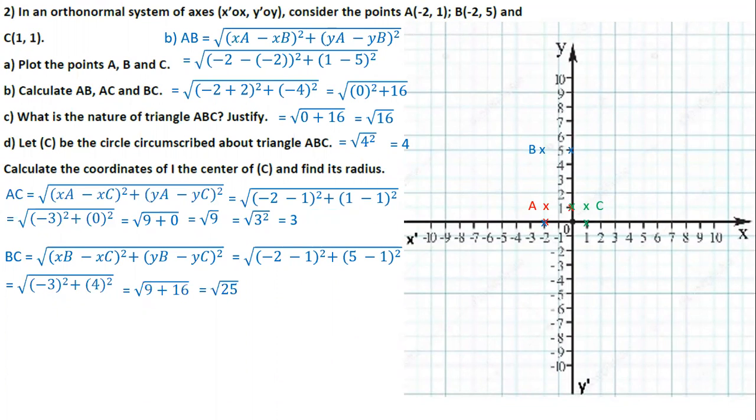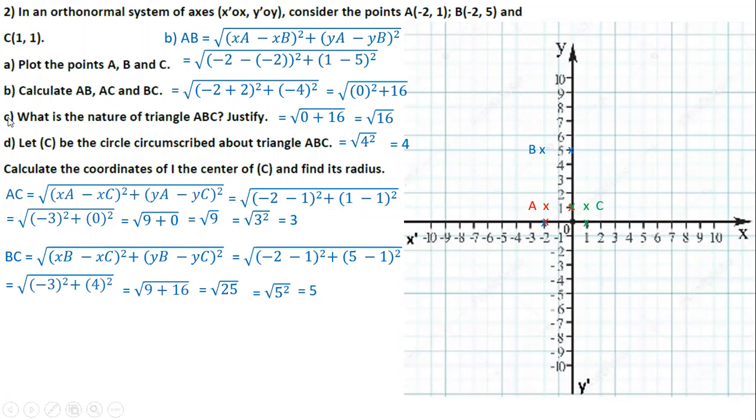Radical 25. Can we write 25 as a perfect square? Yes, 5 squared. Now the square cancels the radical, we get 5. So the length of AB is 4, the length of AC is 3, the length of BC is 5.